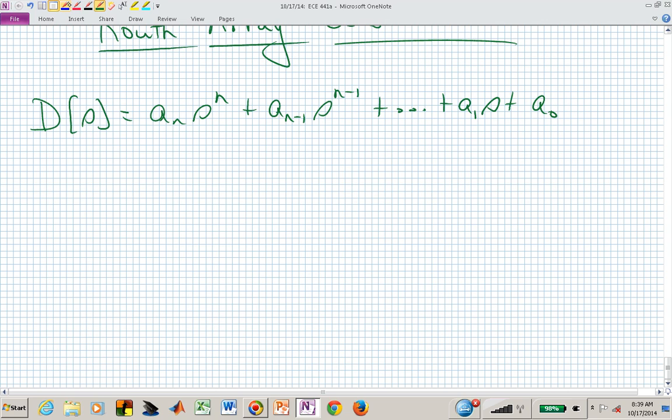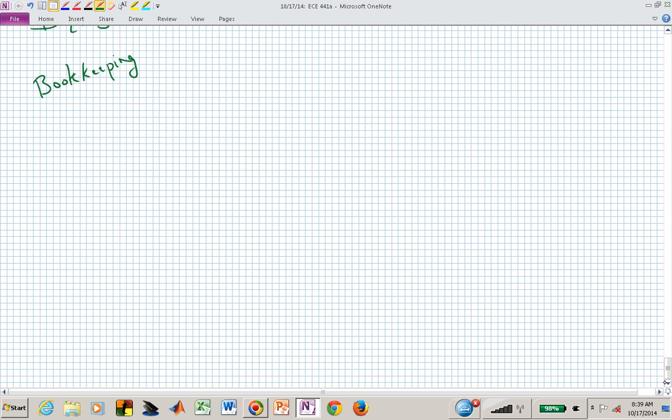We're not accountants, but we're going to actually do some bookkeeping. You may not see this in textbooks when they're building the Routh array, but I like to have a column that actually tells me where I'm located. Here's the s to the n row.